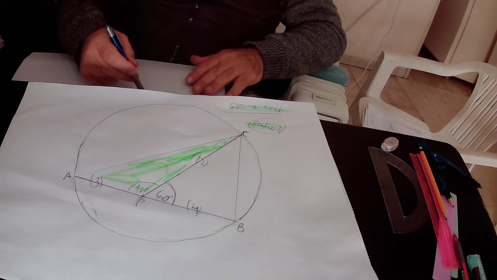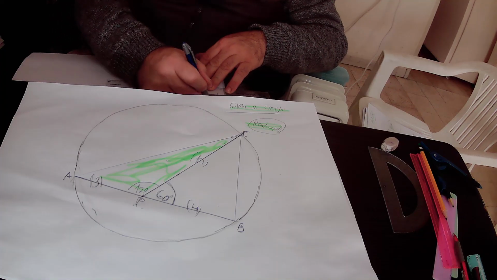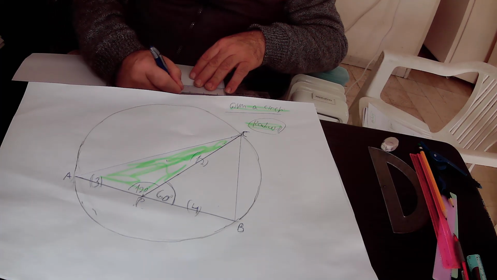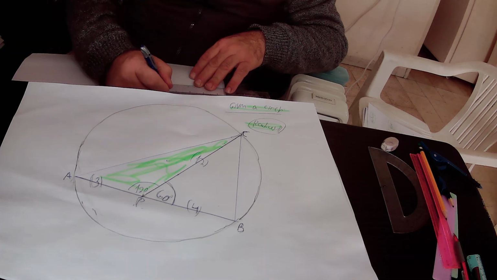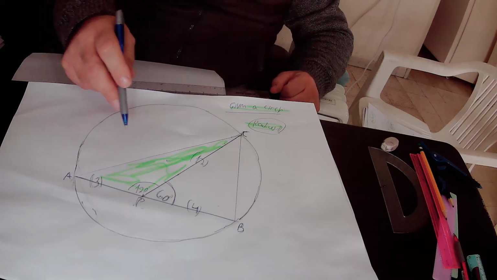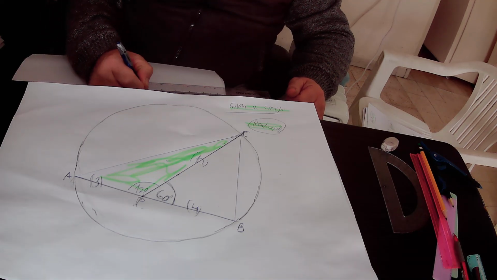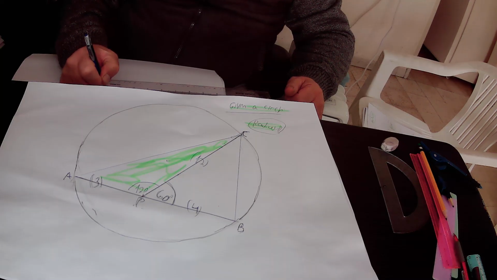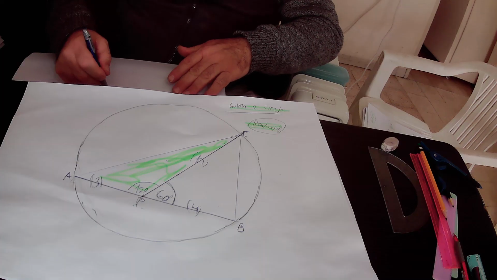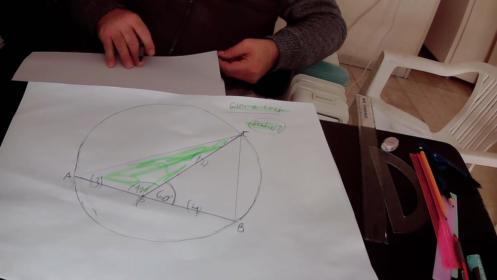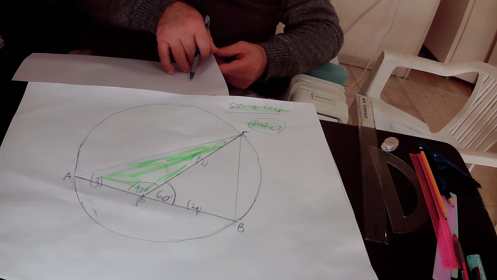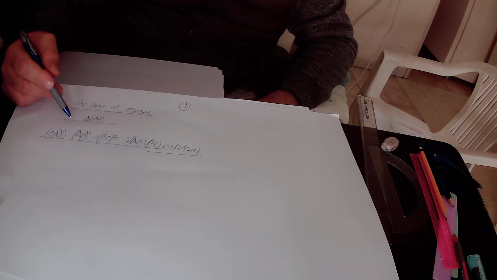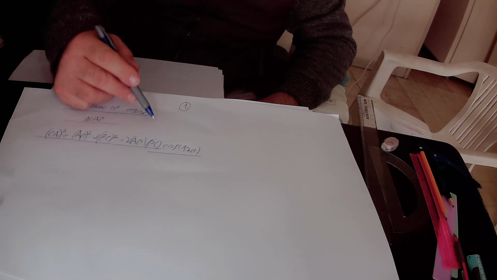So according to the law of cosines, in this triangle CAP, CA squared equals AP squared plus PC squared minus 2 times AP times PC times cosine 120 degrees. CA is the missing side, so we leave it as it is.